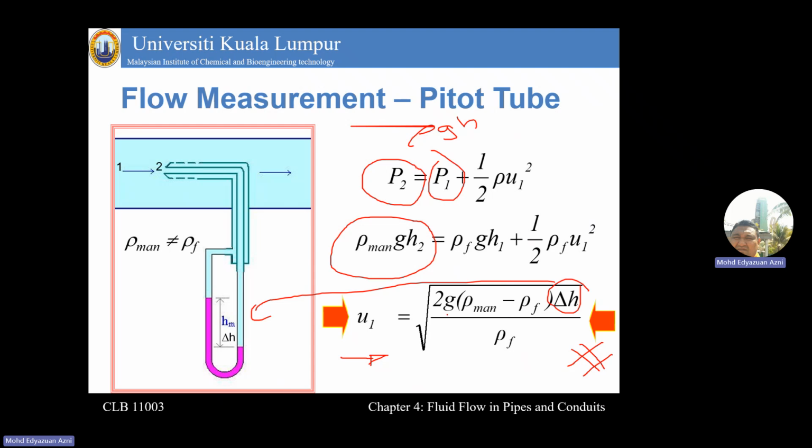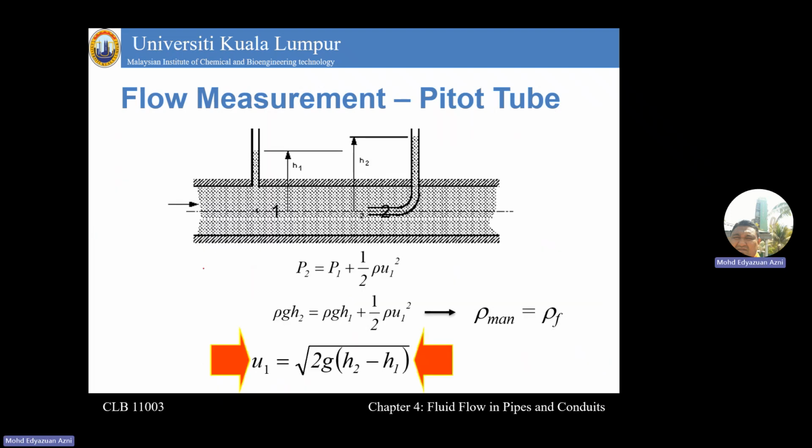Or if we know U1 and want to determine another value, you can manipulate it like this. So this is the first type of pitot tube.